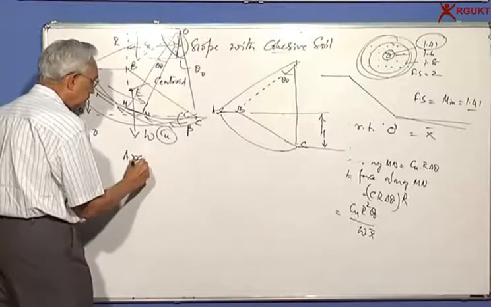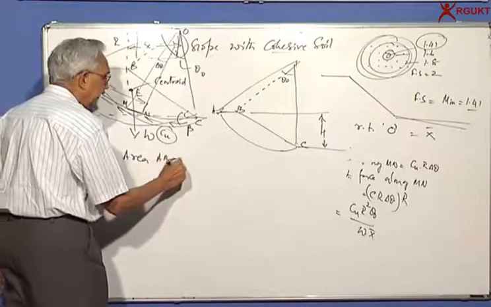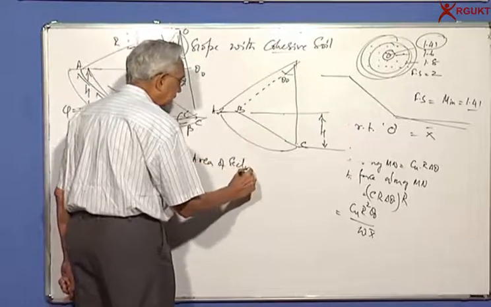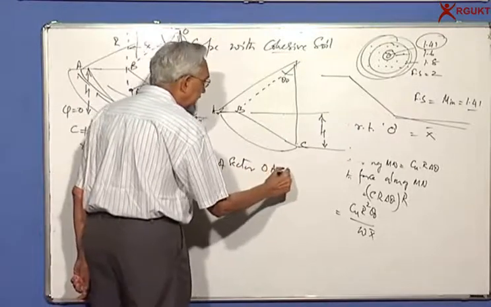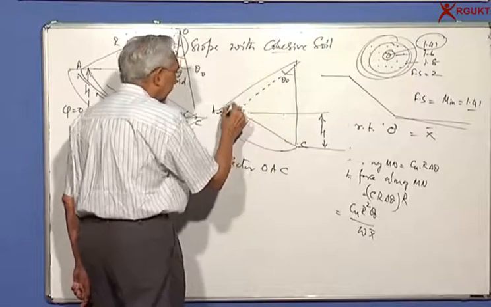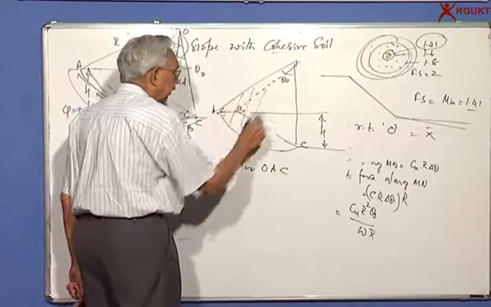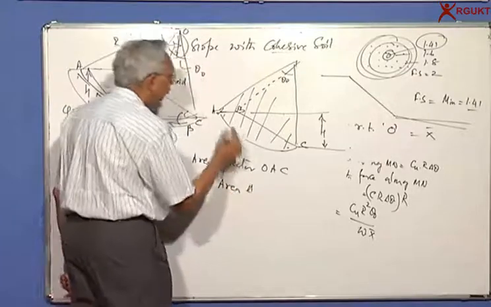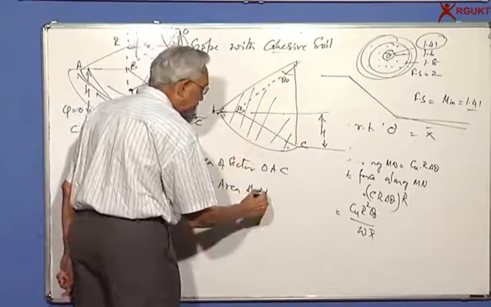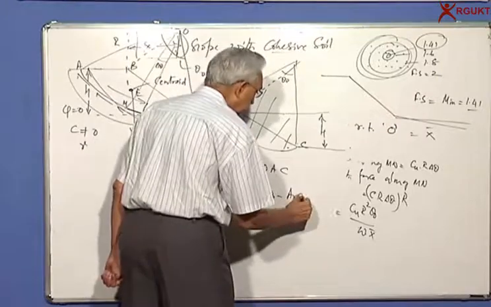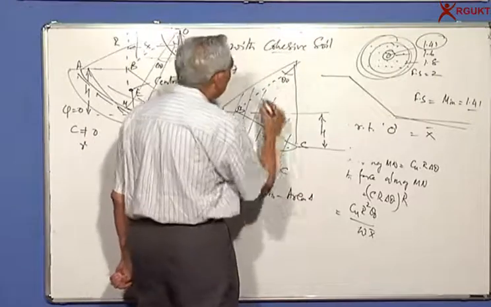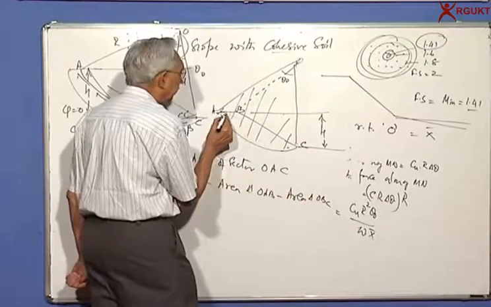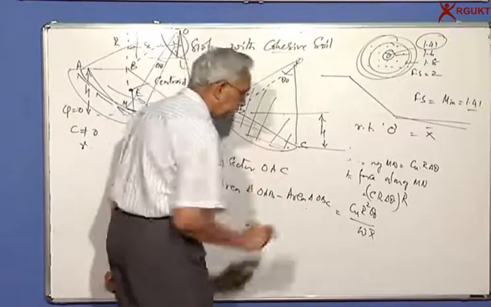Area ABC is equal to the area of the sector OAC, so first calculate this whole area, minus the area of the triangle OAB and the area of the triangle OBC. This is OBC. Then you will get the area of the segment.